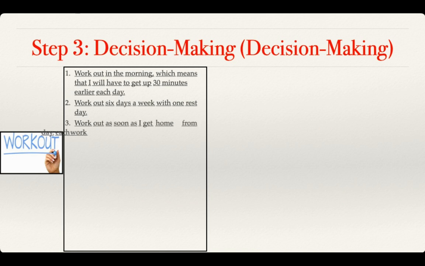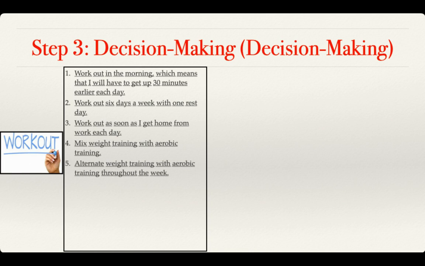Number 3, work out as soon as I get home from work each day. Number 4, mix weight training with aerobic training. Number 5, alternate weight training with aerobic training throughout the week. Number 6, pay for a gym membership. Number 7, work out at home.